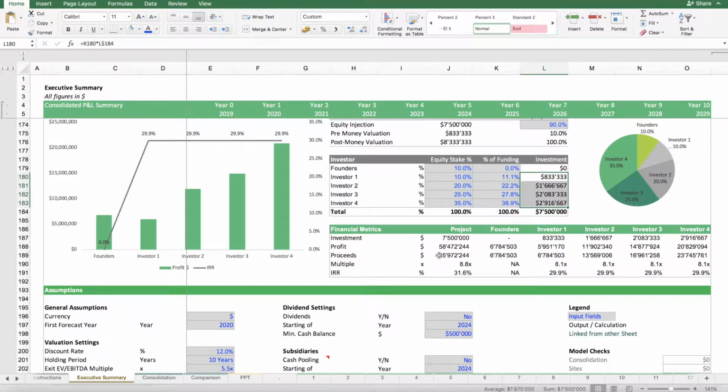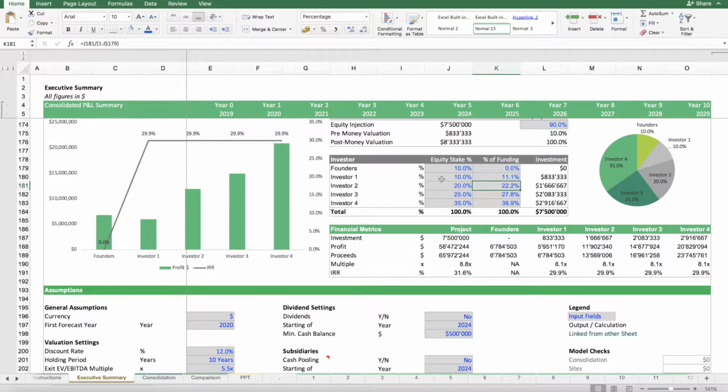Then we also have a table where we can see exactly how much profit is expected based on this business plan, what the expected IRR and expected multiples are, and this should help you build a case to convince investors, and also be very transparent about how you come up with these numbers and how your rollout plan is expected to work.